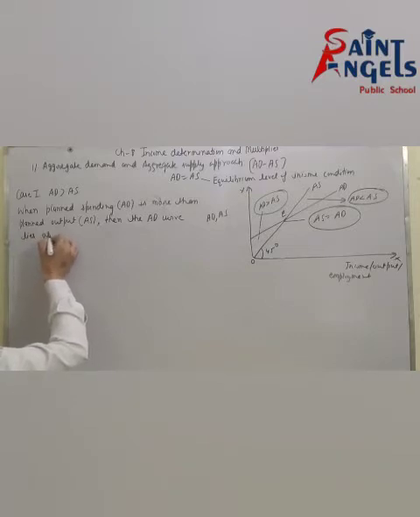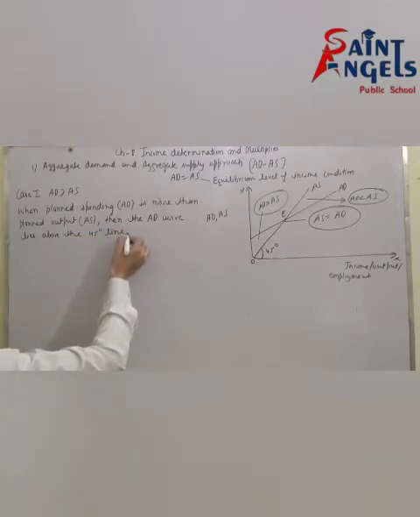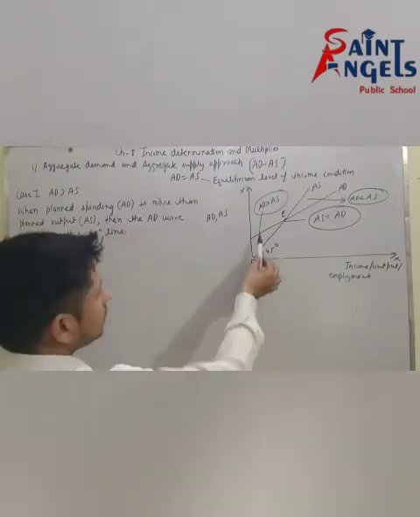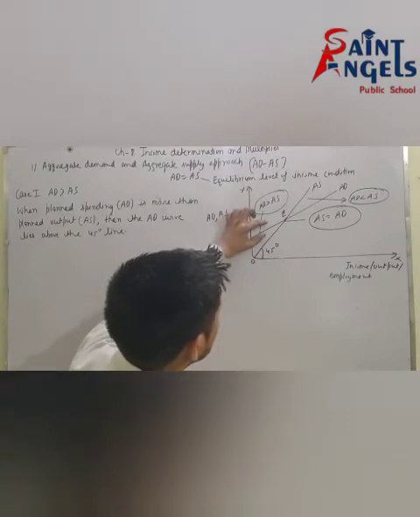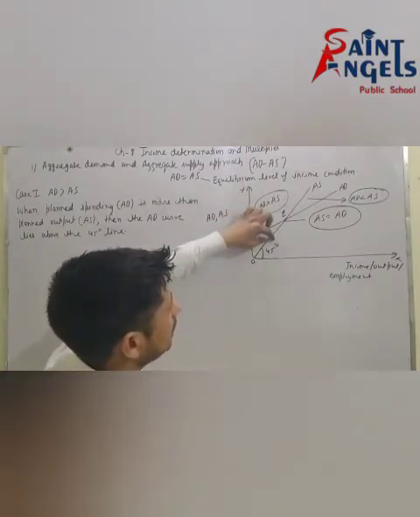See, aggregate demand is above the 45-degree line.